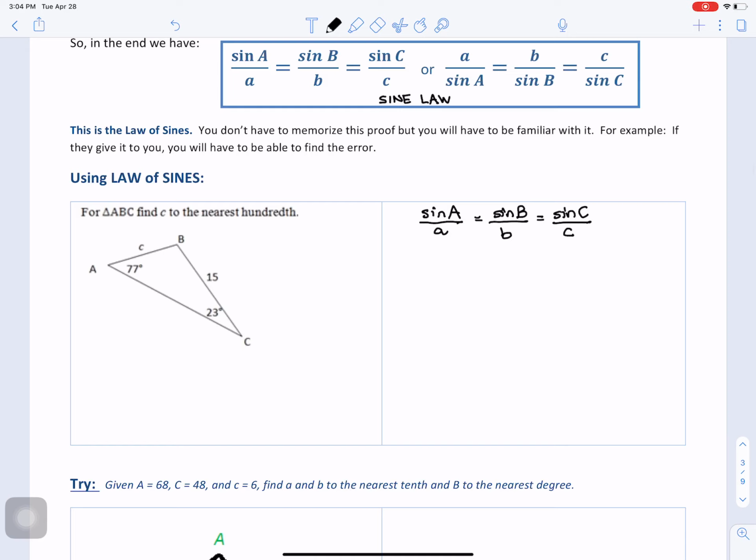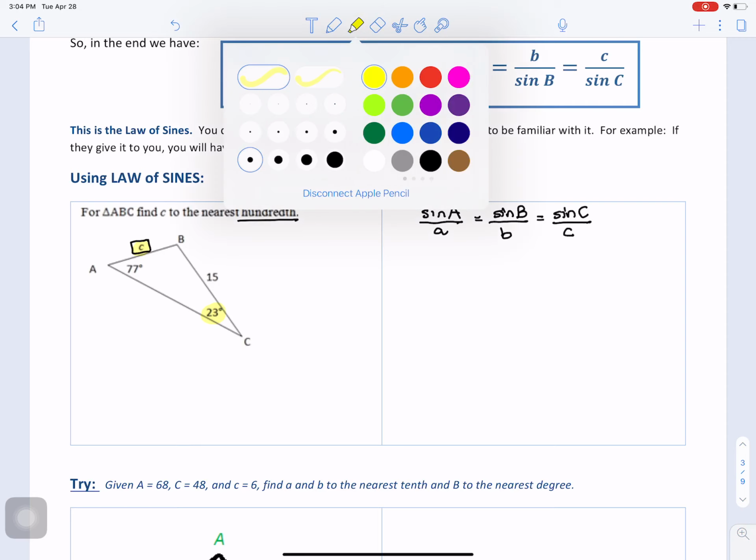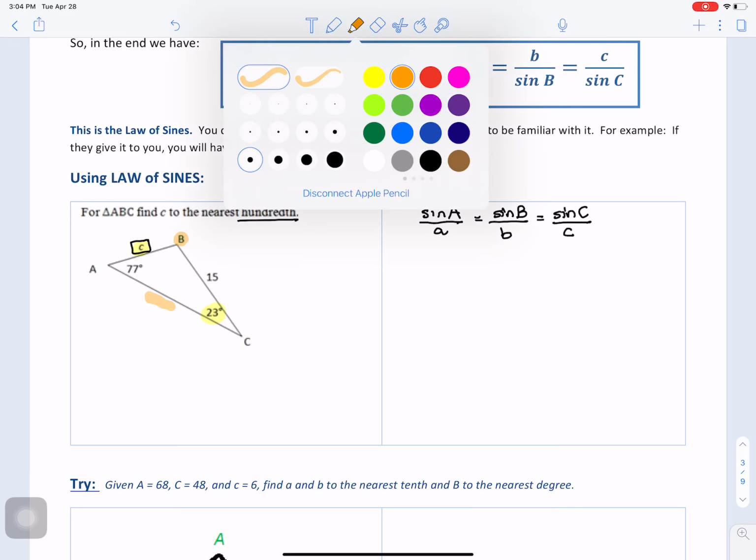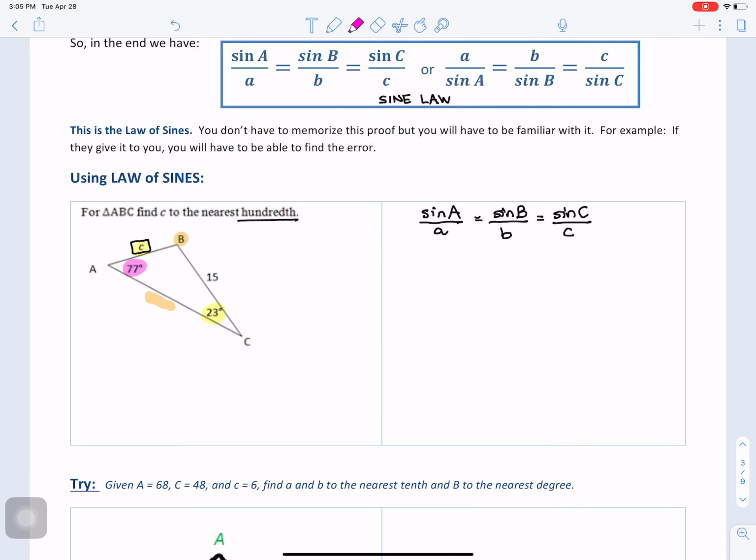So it says, use the law of sines to find side c, which is this one, to the nearest hundredth, which is 2 decimal places. You don't have to worry about the labeling on your triangle. I take a color, I label my angle and the side opposite with one color, choose another angle and the side opposite with another color, and then 77 degrees with the side opposite as another color.